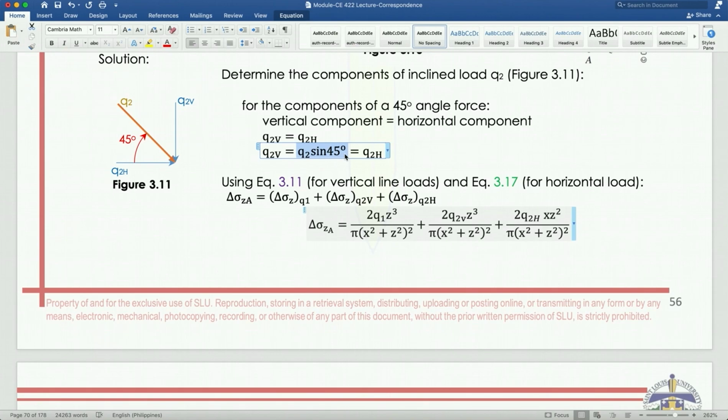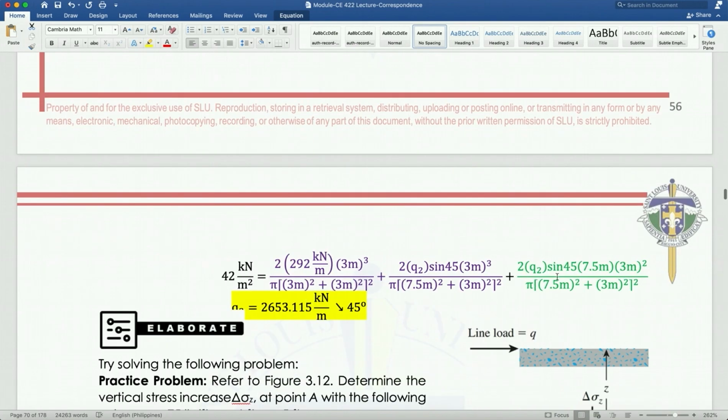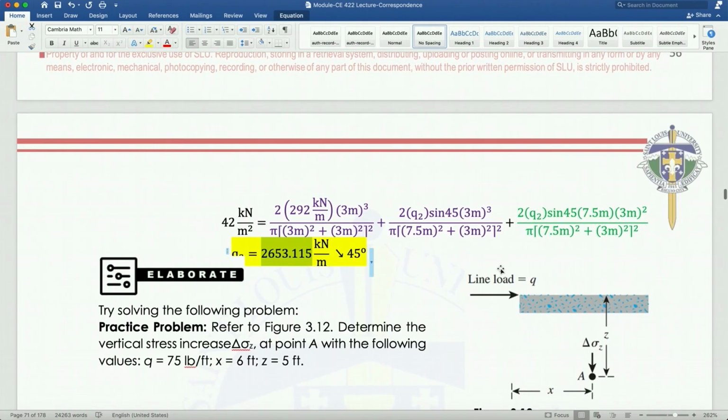Take note that the sine should be in degrees to get the value. Inputting and substituting, shift solve, Q2 is equivalent to 2653.11 kilonewton per meter.